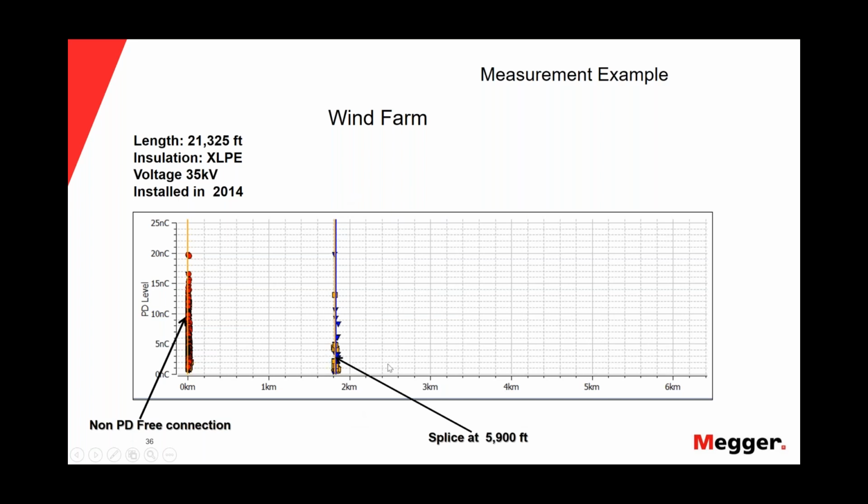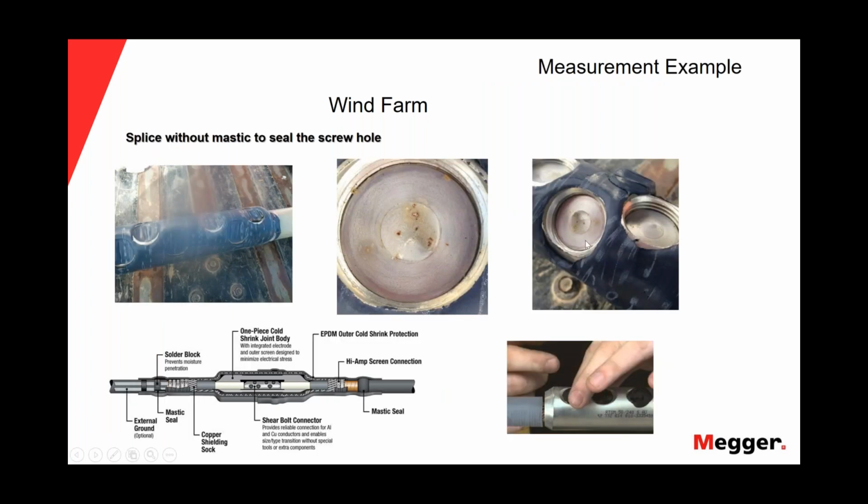So when we took out the splice, the joint, we saw that the person who made this splice didn't put the mastic to seal the screw hole, okay? You can see here the screw holes, and sometimes in the connectors you need to put mastic to seal those holes. They didn't do it in this splice, and that was the reason for the partial discharge activity in the measurement.